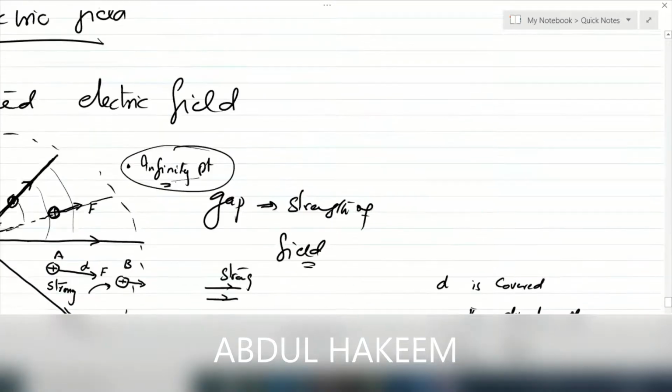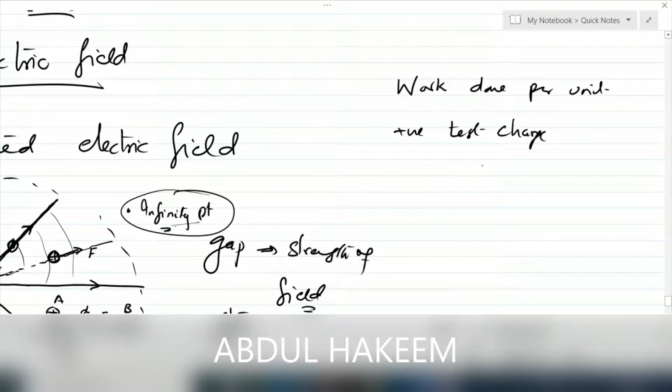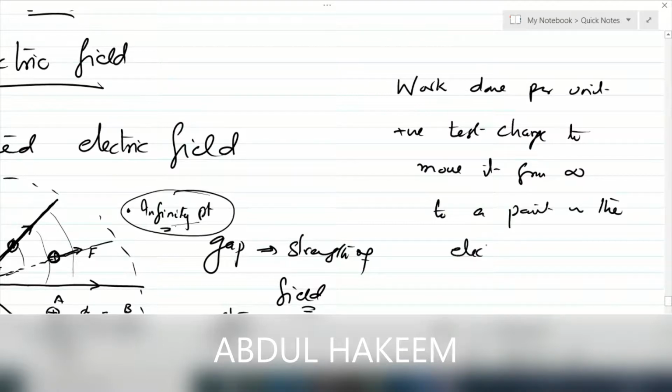So the better definition for the work done on the charge, for the electric potential, is work done per unit positive test charge to move it from infinity to a point in the electric field is called electric potential.